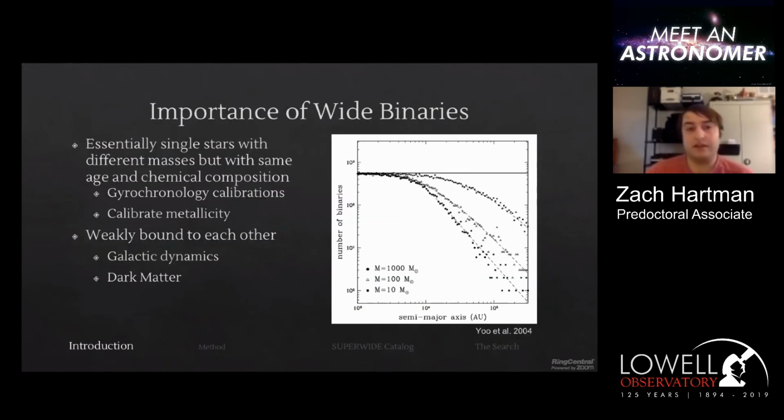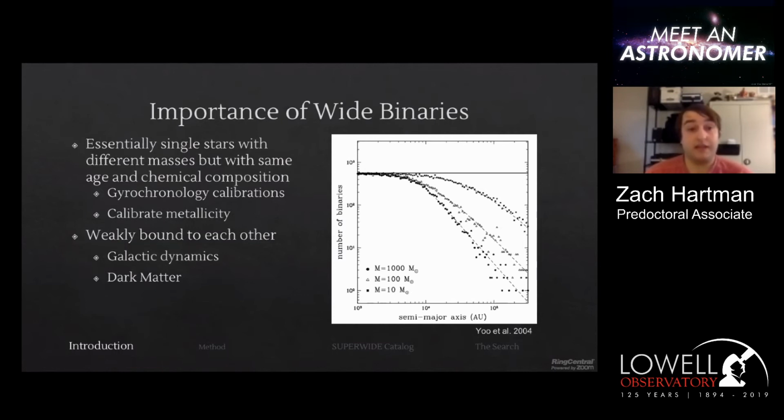So now wide binaries are very important to other parts of astronomy. These systems are essentially single stars with different masses, but with the same age and chemical composition. What this means is, in particular, you can look at metallicities of these wide binaries. Metallicity is simply the proportion of material in a star that is something other than hydrogen or helium.